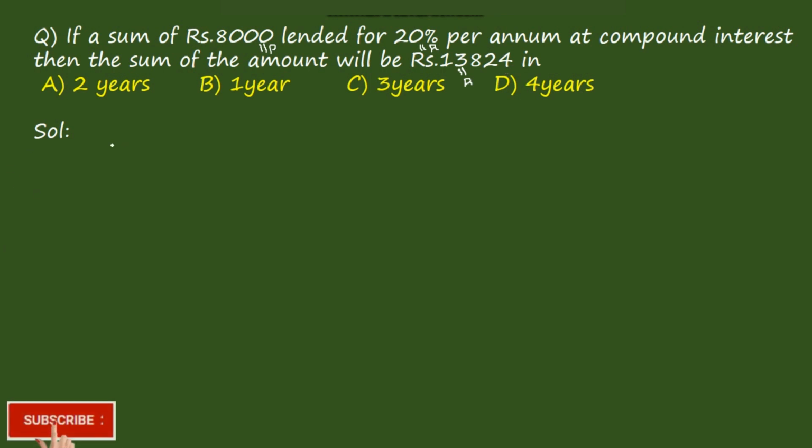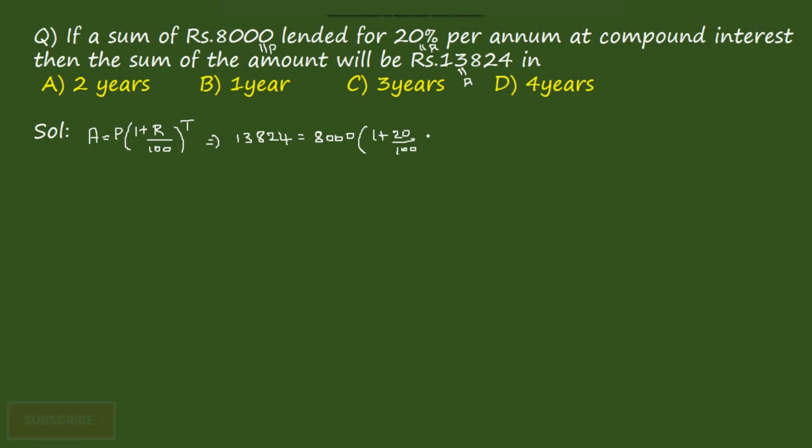For compound interest, we know the amount formula. Amount is equal to principal into 1 plus R by 100 whole power T. We have to find the value of T now, right? So just substitute the values. We get 13824 is equal to 8,000 into 1 plus R, which is 20, by 100 whole power T. The zeros get cancelled.